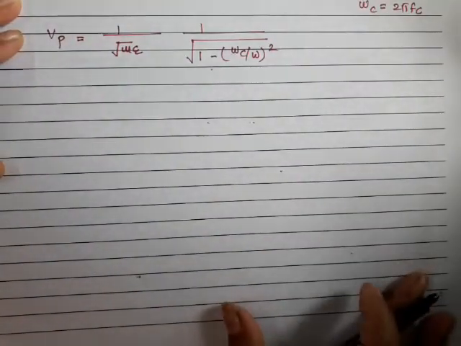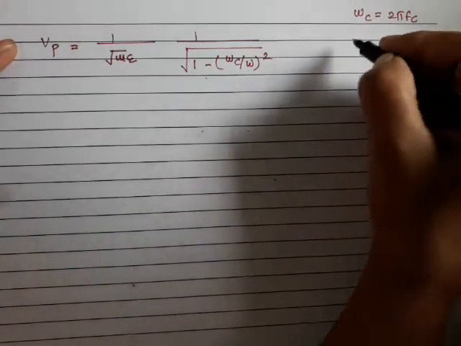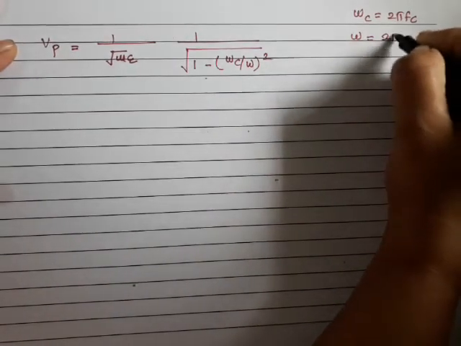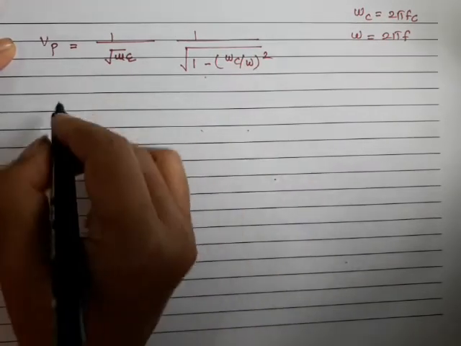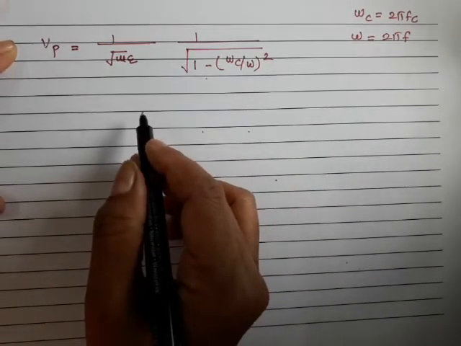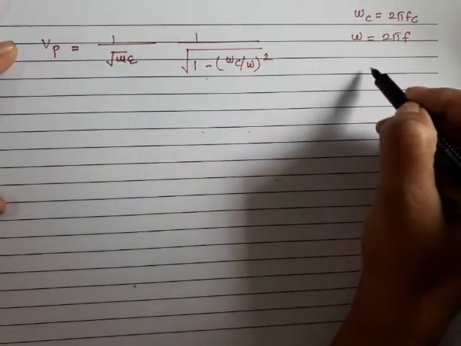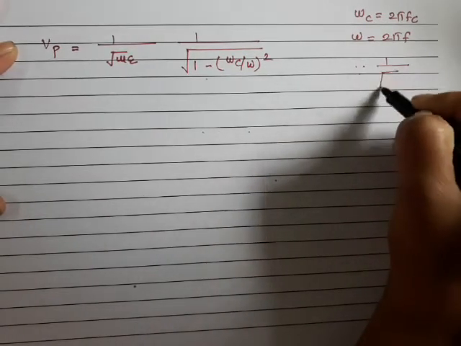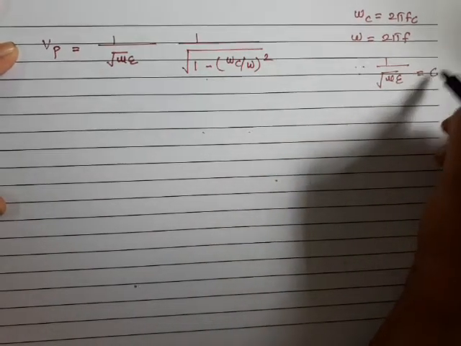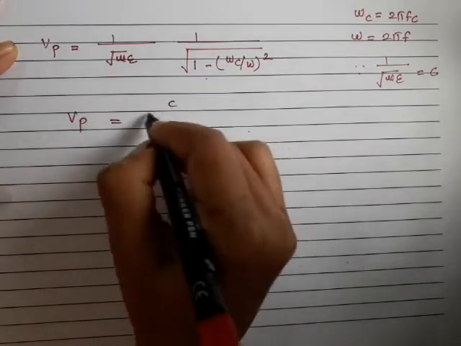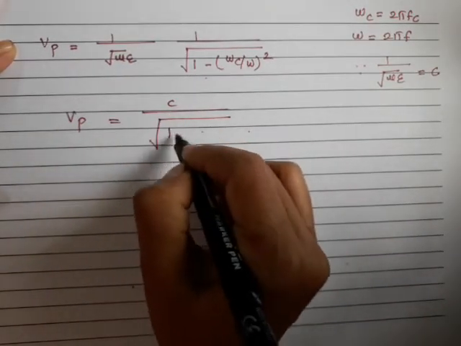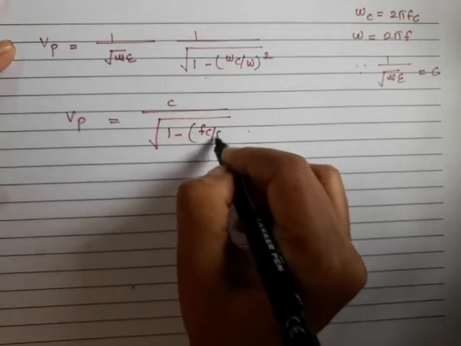I can put omega c is equal to 2 pi fc and omega is equal to 2 pi f. 2 pi will get cancelled, it will become fc by f. And as we know, 1 by root mu epsilon is nothing but c. So further putting all these things, I can write Vp is equal to c divided by the square root of 1 minus fc by f square.